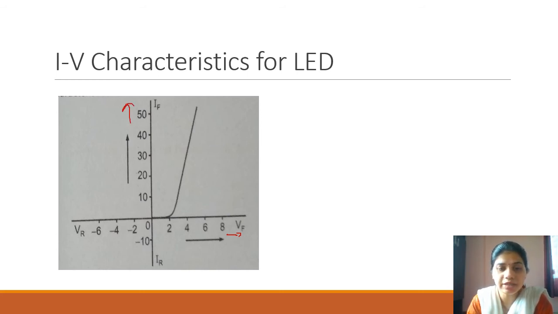As we increase the voltage in steps, the current is negligible, but after a particular voltage the current increase is drastic. This voltage in the case of an LED is called the turn on voltage.